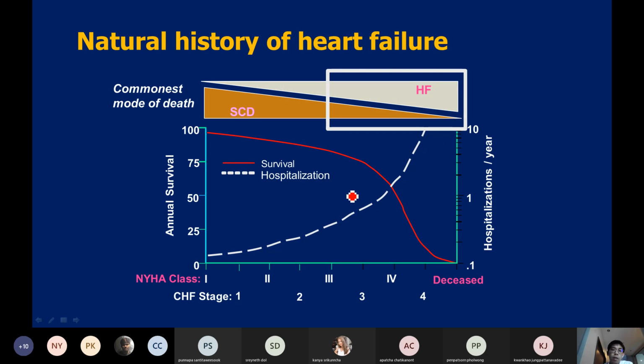The commonest modes of death in patients with heart failure are sudden cardiac death and heart failure itself.